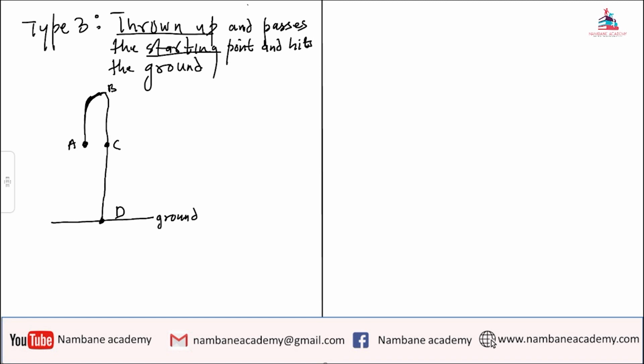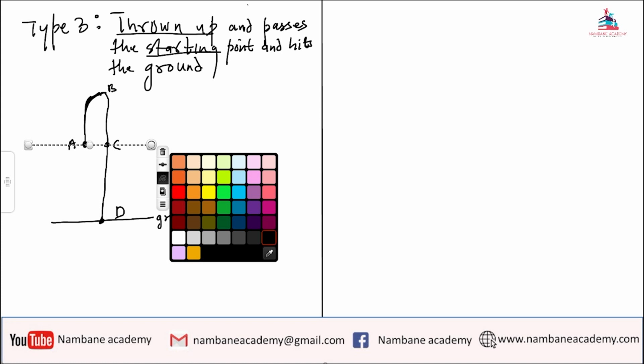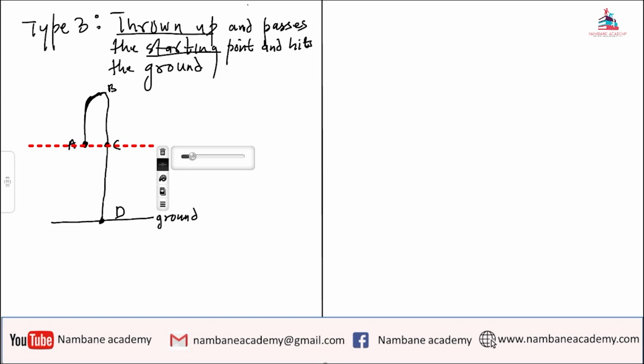So already this complicated statement of thrown up and passes the starting point and hits the ground, I have already eliminated a lot of things. Why? Because if I were to look into this, ladies and gentlemen, let's change the color and make it red and maybe increase size. Up to there, ladies and gentlemen, I know everything about ABC.